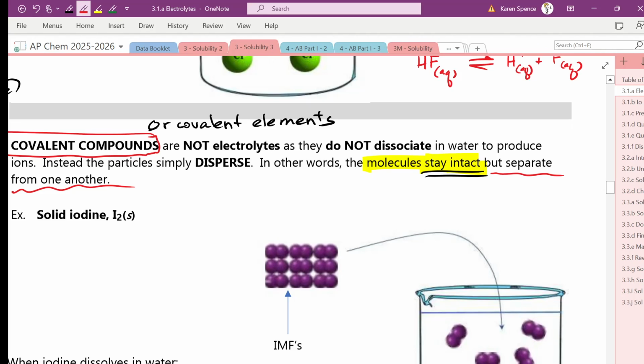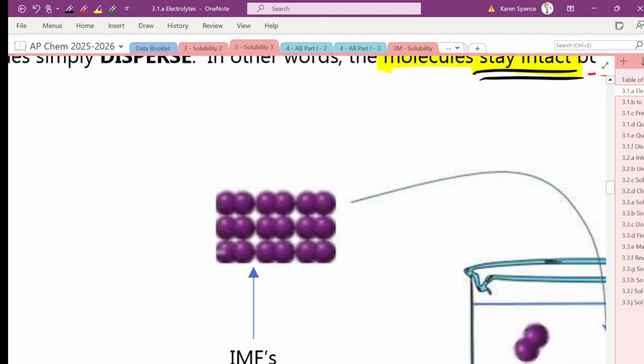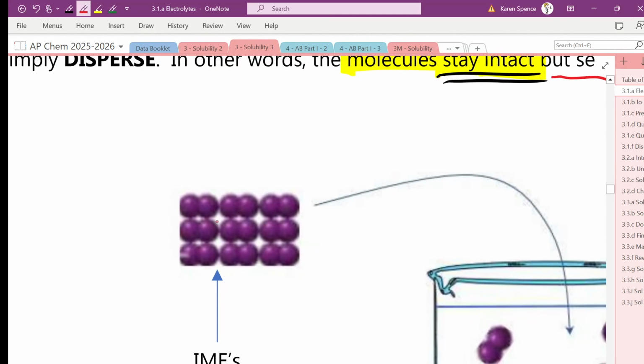So here we have some solid iodine, I2. And you can see each little I2 molecule is in this little I2 solid crystal. What is holding the I2 to its neighbors? Intermolecular forces. What is the name of these specific intermolecular forces here?